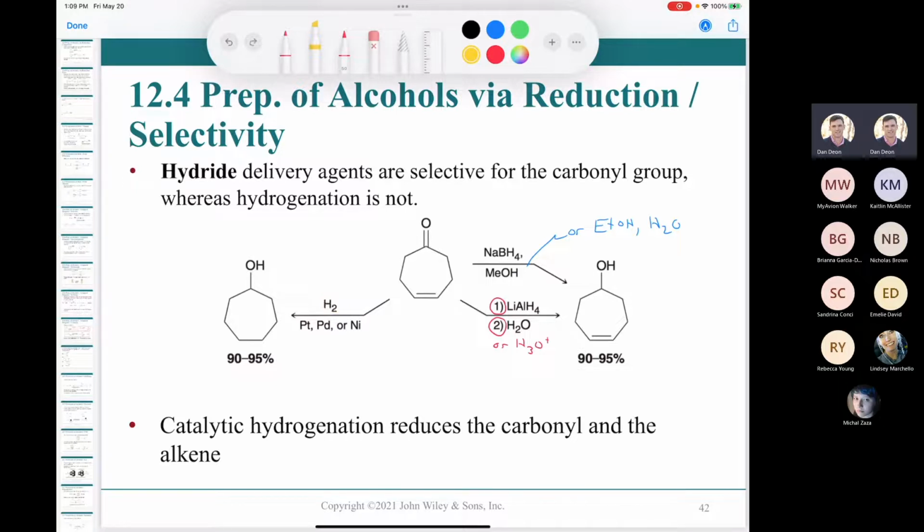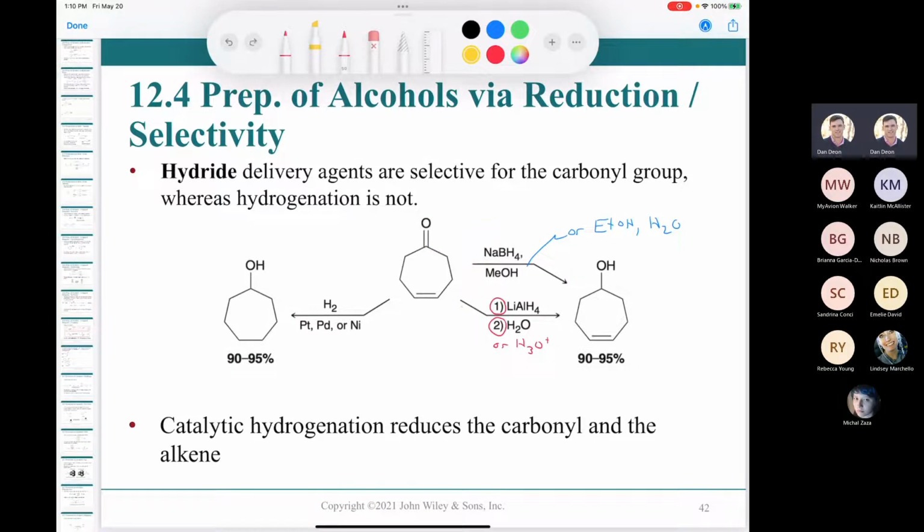And so you see here, you get two for the price of one. You reduce the ketone, but you also reduce the alkene. Now, if you want to do that, this seems like a great course of action. However, oftentimes we'll want to reduce a carbonyl group and keep that alkene intact. In that case, either one of these reagents would be the better choice.